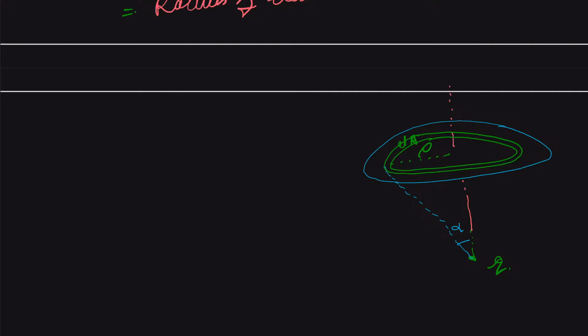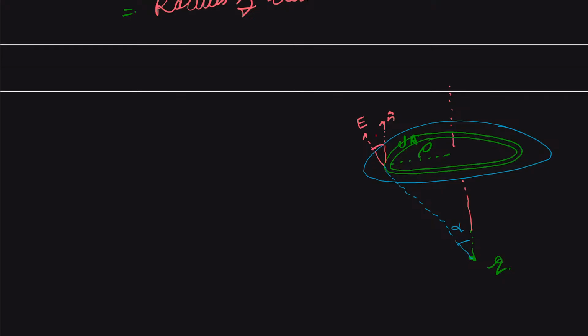We also know that the direction of the electric field will be something like this, and let us draw a normal to the surface also. This is a unit vector, that is a normal vector.